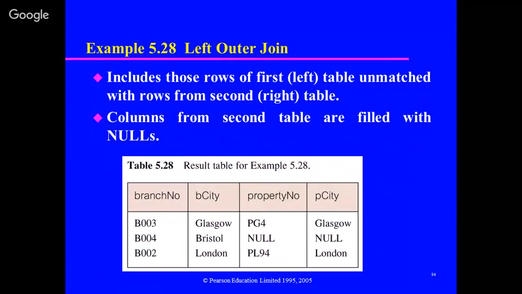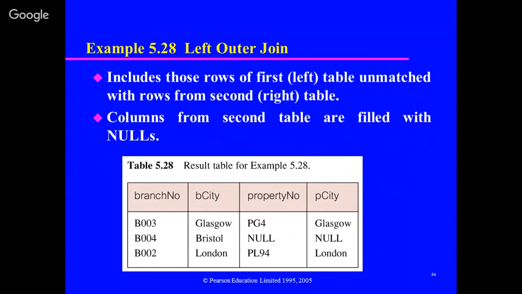So when you do an outer join, it will indicate that there is no property in Bristol by putting null values against those attributes which come from the table where there is no matching row. In this particular case, it is the property table which does not have a matching row.